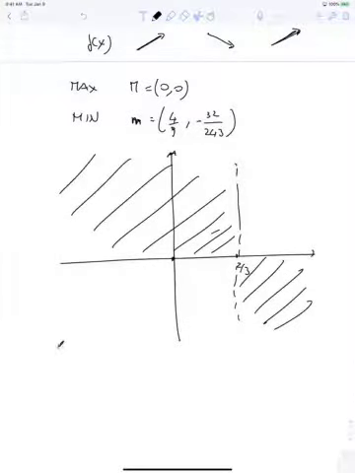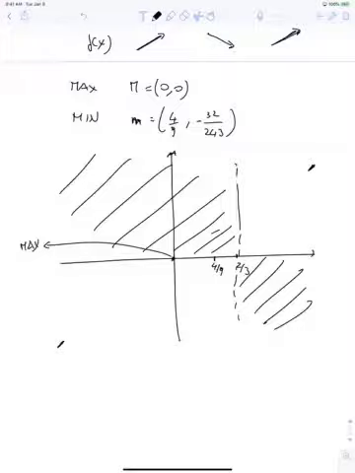We studied the limits here and the limits here. This one here is a maximum. And somewhere here we have 4 divided by 9, which is the minimum.